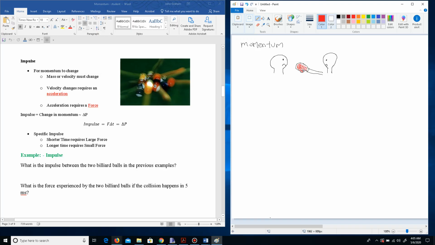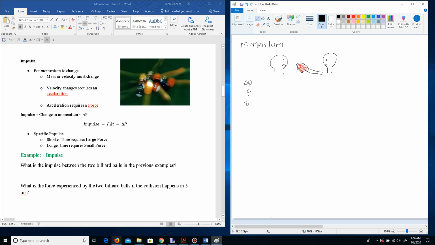Okay. Now, we have three things here that we're looking for. The change of momentum, the force, and time of collision. Okay. Which one can this guy control? Well, he really can't control the change of momentum. That's going to come from this guy.